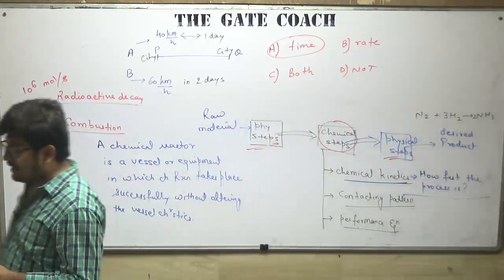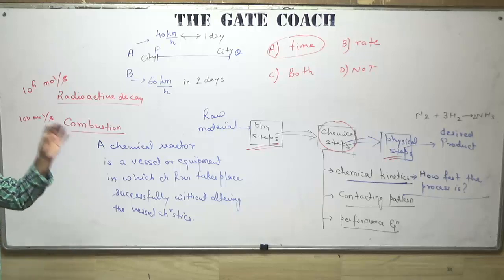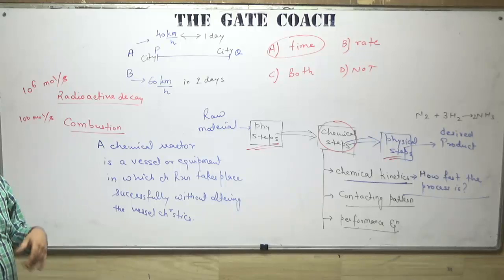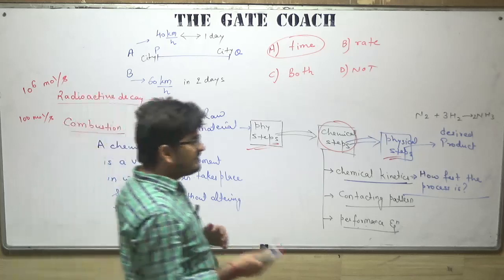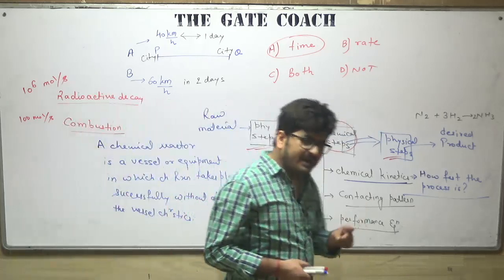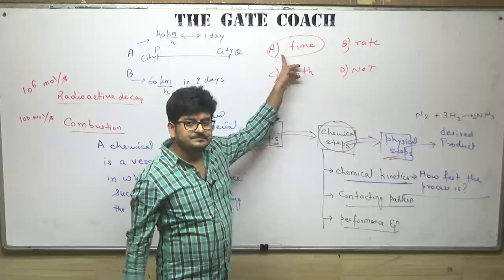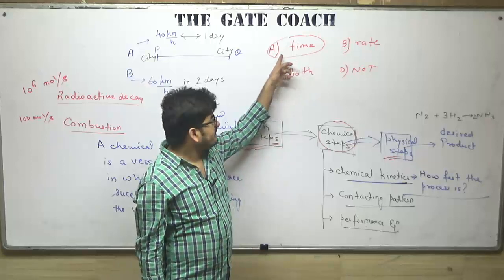Remember this. So kinetics means how fast the process is. And how can we identify whether the given process is fast or slow? With the help of time. Okay.